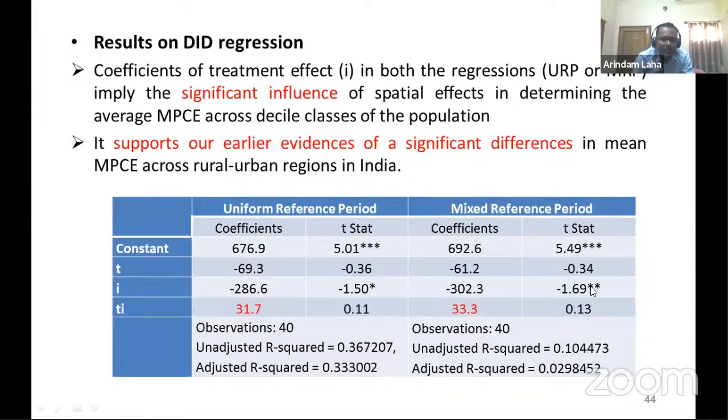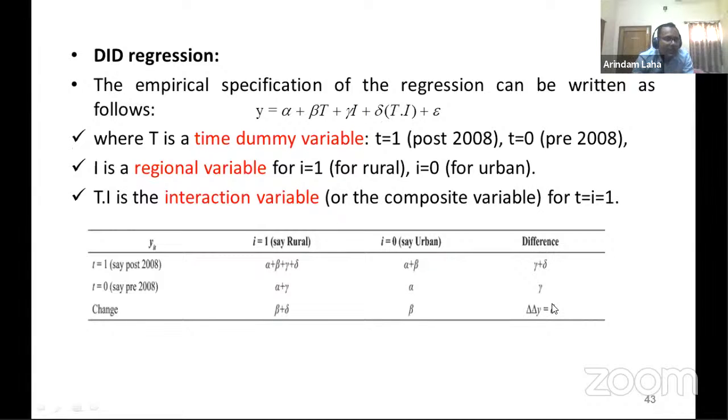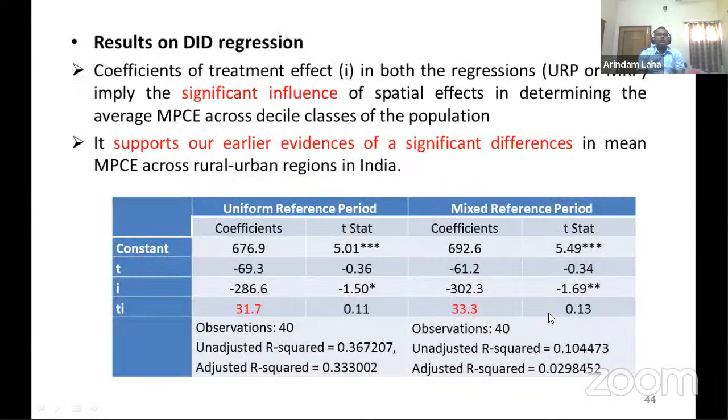Actually, interaction term is delta, and delta is nothing but your difference estimate. Delta is your difference estimate, but delta is not found significant. Delta, the coefficient of T into I interaction term, is 31.7, but it is not found significant. Okay, this is only the t value, 0.1, very low t.